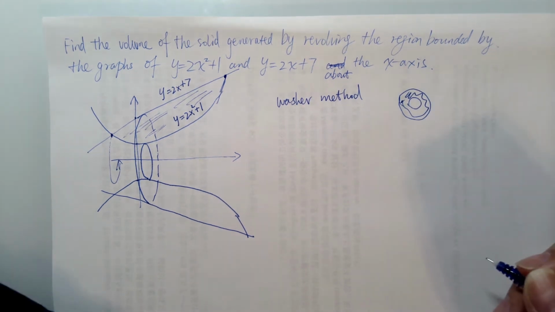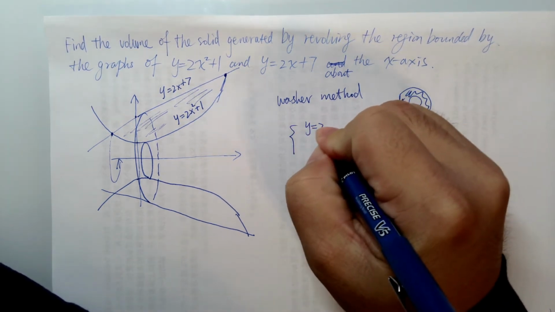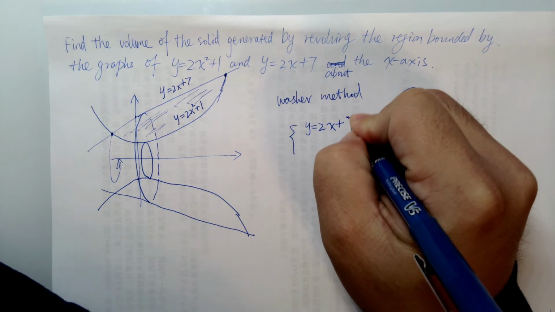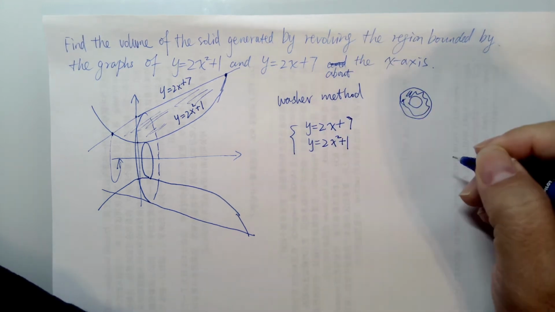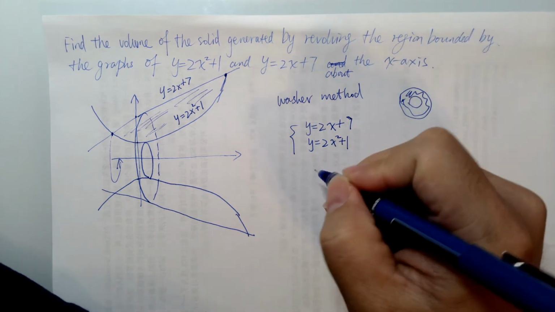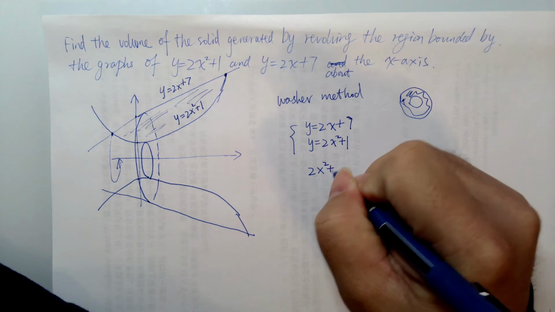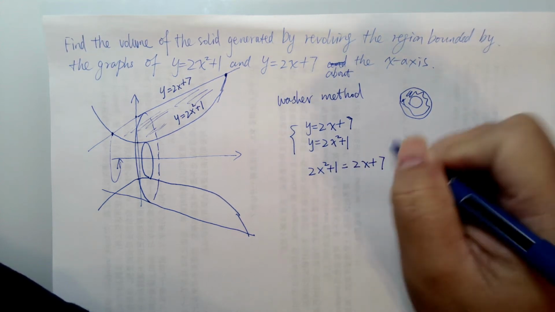So go back to the details. First of all, we want to solve for the intersection points. With y equals 2x squared plus 1, we are solving this pair of equations, that is 2x squared plus 1 equals 2x plus 7.